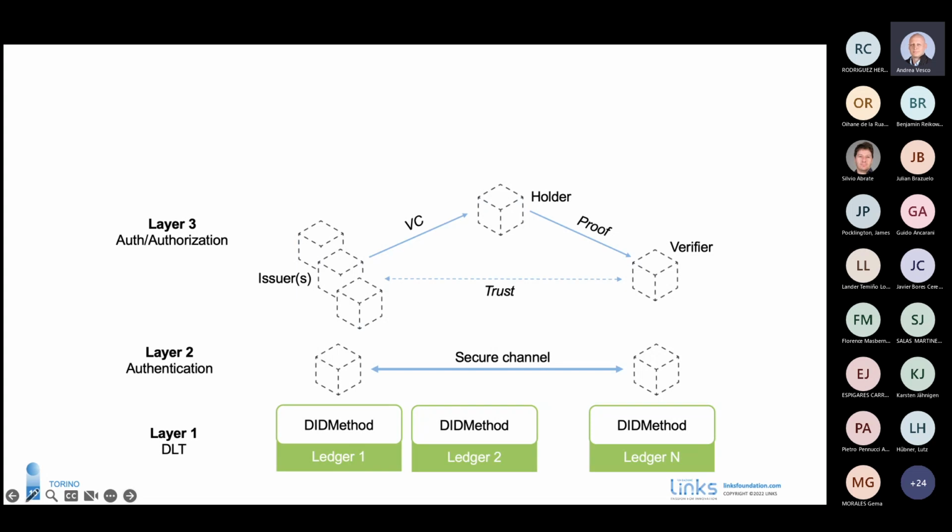In this triangle of trust, there is another important role. It is the role of the issuer. Issuers are those specific peers in our infrastructure that prove a claim about the identity of the objects and issue a verifiable credential to one of the objects.